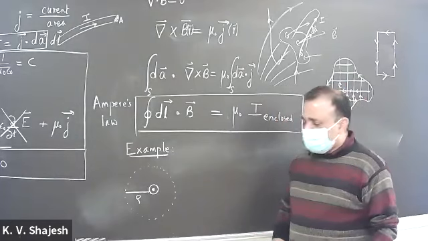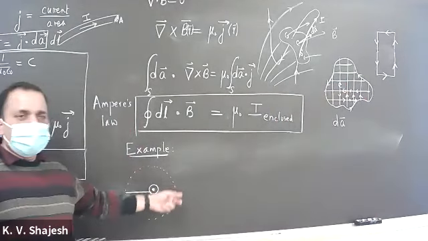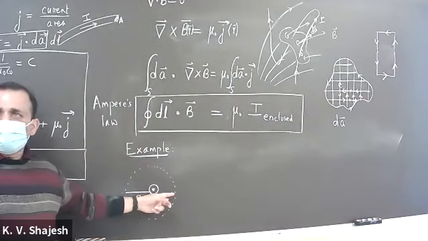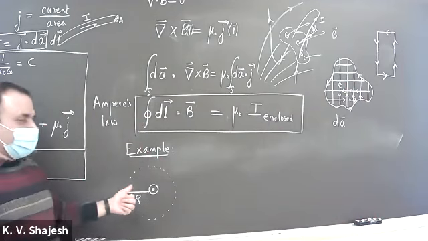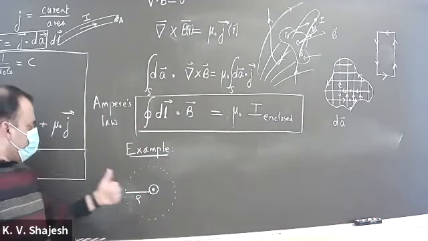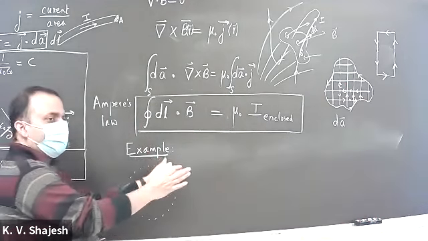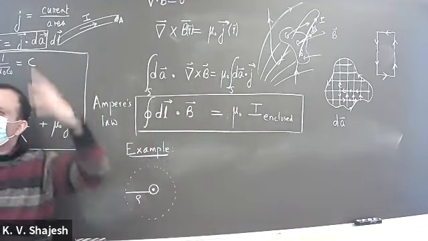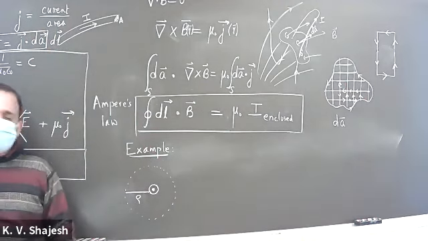So we can conclude by symmetry that the magnetic field cannot depend on the angle. Right? So that's a symmetry argument. It also cannot depend on z. Whether you're here or here, it could be the same because it's infinitely long. If I move a little bit up or down, it should not matter.